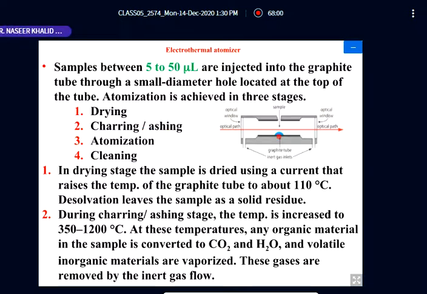Okay. Now, when the metal is in the form of oxide, in the next stage we increase the temperature further, and this is the atomization. Now the metal salt or metal oxide is converted to metal atoms.